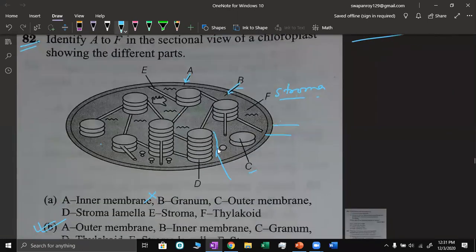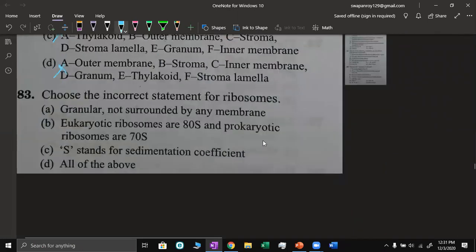Okay, next question is: choose the incorrect statement for ribosomes. Here is ribosome. Option A, granular, not surrounded by any membrane. This is correct. Ribosome is without membrane.